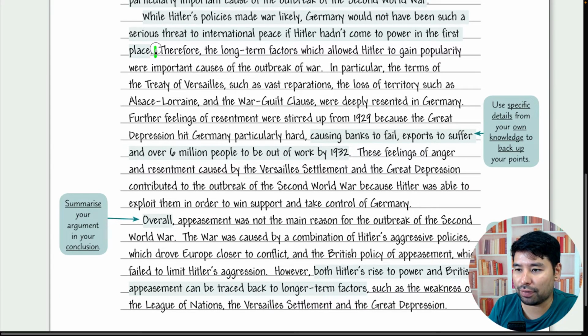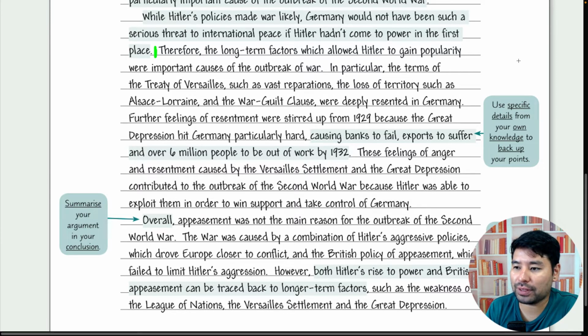Continuing here from therefore. So, therefore, the long-term factors which allowed Hitler to gain popularity were important causes of the outbreak of war. In particular, the terms of the Treaty of Versailles, such as vast reparations, the loss of territory such as Alsace-Lorraine, and the war guilt clause, were deeply resented in Germany.